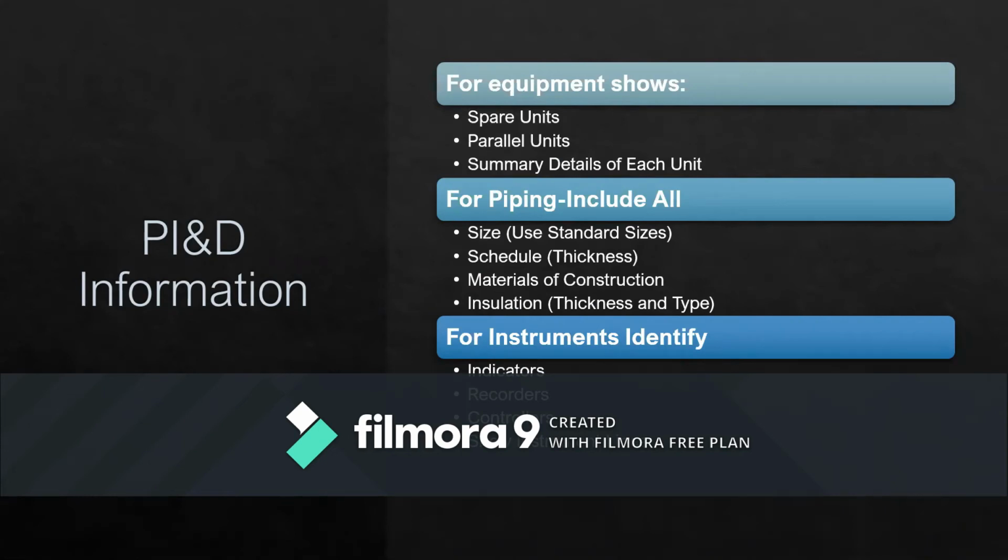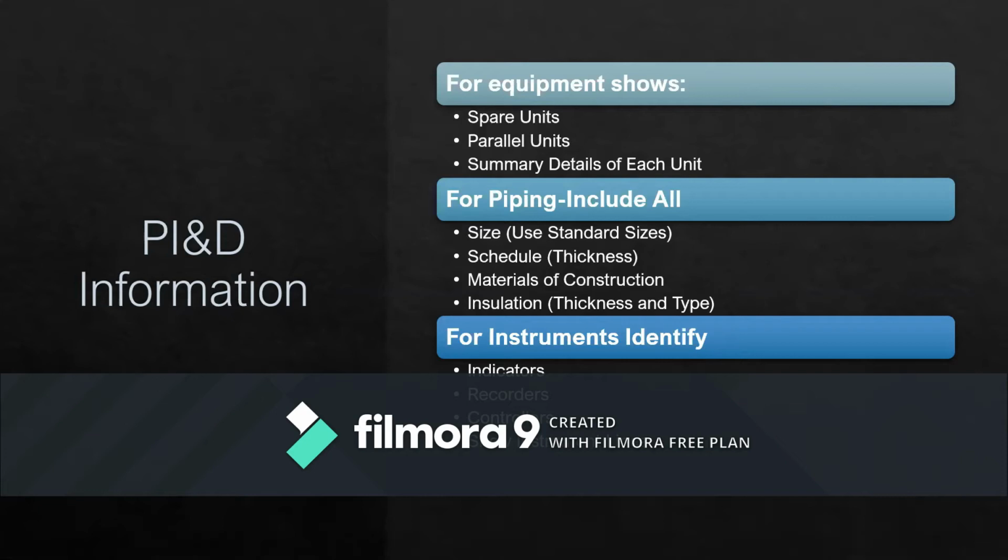PIDs give us valuable information about the process diagram, and in this case we can find equipment, piping, and other instruments that are identified in the diagrams. In the first case, the equipment shows spare units, parallel units, and summary details of each unit.